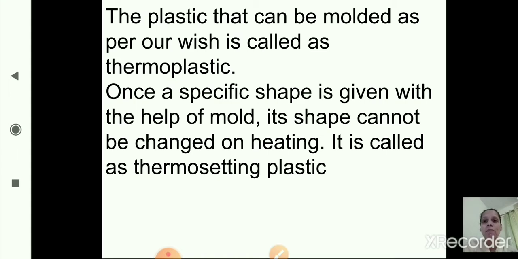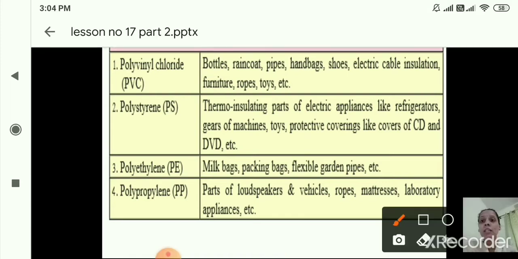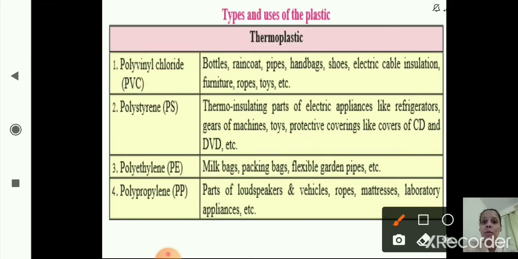The new concept: types and uses of plastic. As you can see, one table is given. First, we will see the first type, that is thermoplastic. Thermoplastic, first one, polyvinyl chloride, that is PVC.